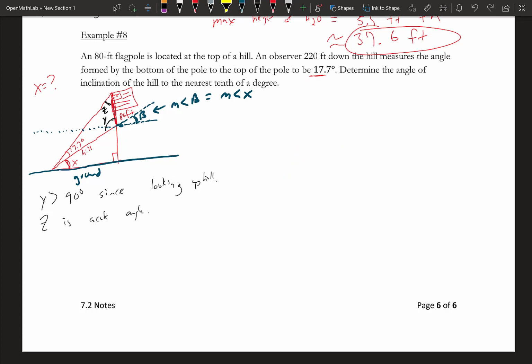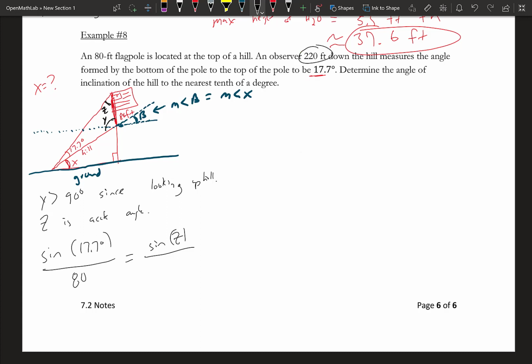All right, so let me get rid of that. So then, using law of sines, we could use, say, sine of 17.7 degrees divided by 80, because the flagpole height is the opposite side for the 17.7 degrees. And that's equal to sine of z divided by, I forgot to label this part.